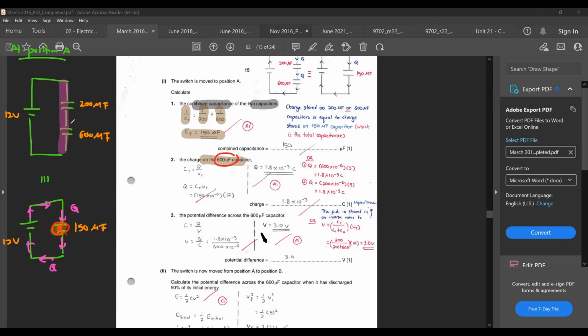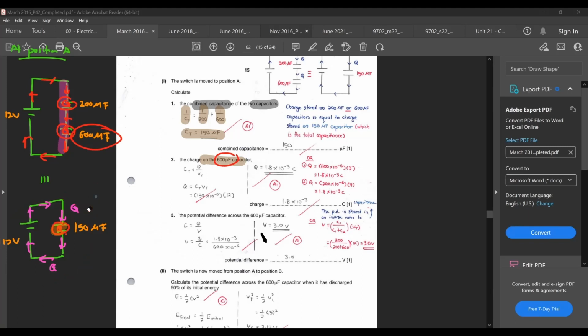Because your capacitors are connected in series, your charge Q here would be the charge Q stored in the 600 microfarad capacitor as well as the 200 microfarad capacitor, because you have a series connection right over here. Okay, so if you can find out your charge here for the 600 microfarad capacitor, it is actually the same as the charge for this simplified circuit.